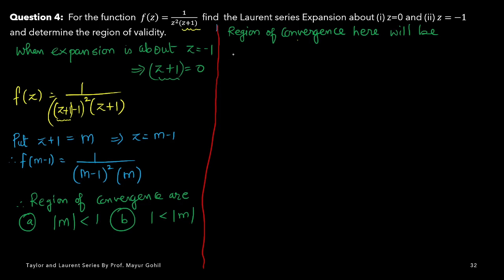Region A will be mod of z plus 1 less than 1, and what is the other region B? 1 is less than mod of z plus 1.